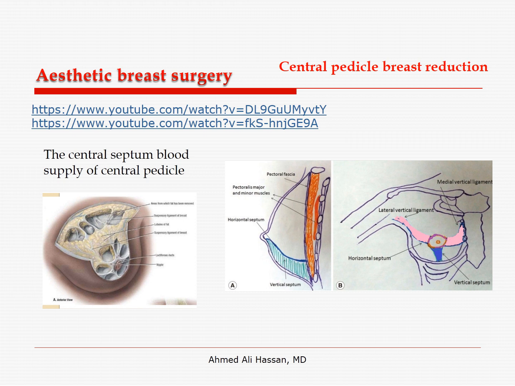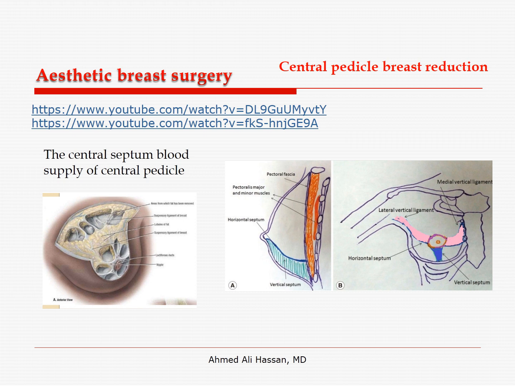These fibrous condensations form the horizontal septum at the level of the nipple areola and opposite the level of the fifth intercostal space, actually dividing the breast into cranial and caudal parts.